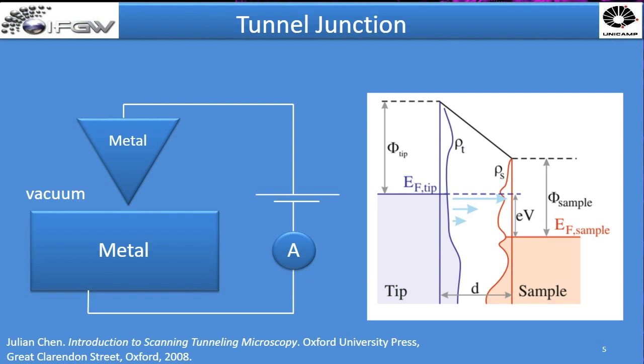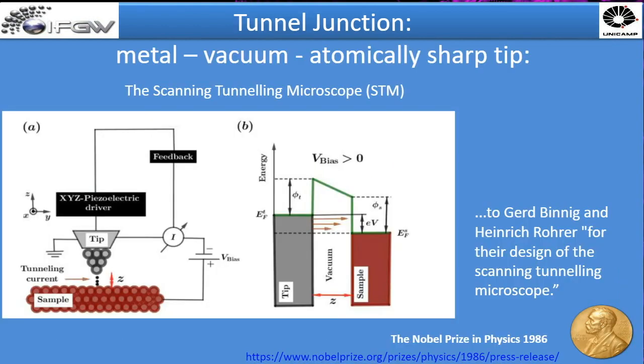So the idea is always that you have a metallic tip and a sample that you want to study, apply a voltage and measure a current. So this was developed in the 80s, and it was the first way, the first results, which made it possible to see atoms in real space.